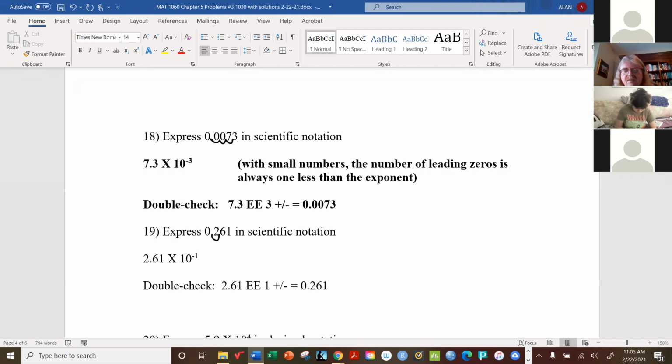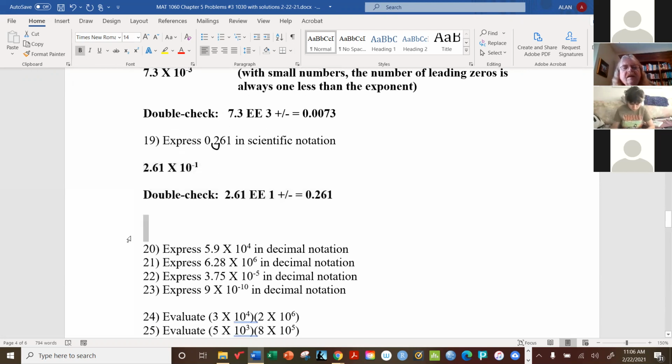That's really what the problem is. 2.61 EE 1 negative. There, oh, wait a minute, what did I do? There we go, 0.261. Perfect.